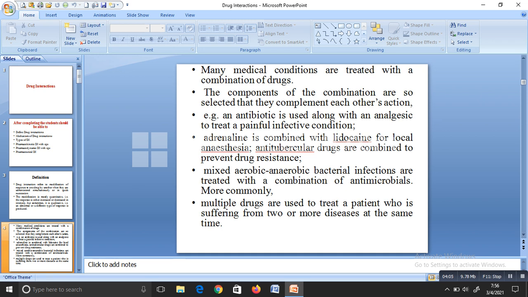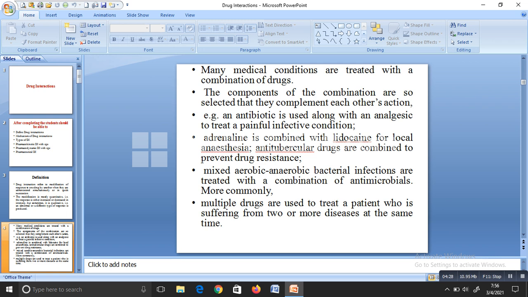For studying drug interaction, we know many conditions are treated with a combination of drugs. For example, you get fever and you have some body pain. The fever may be due to some infection. So you will take an analgesic with an antibiotic.